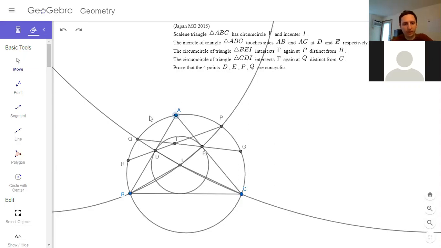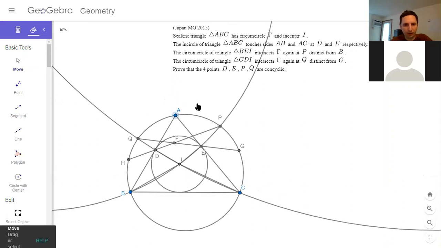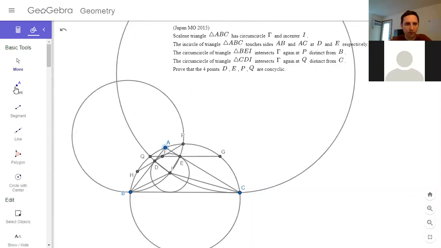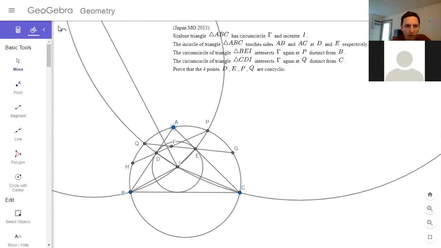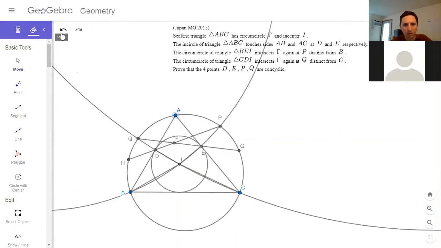Is that the same as, if we could show F lies on, so I'm thinking, is that the same as saying that F lies on the radical axis of these two circles? No. This is tricky.